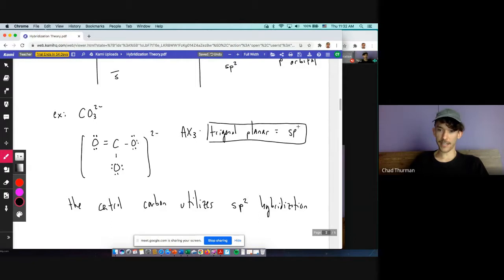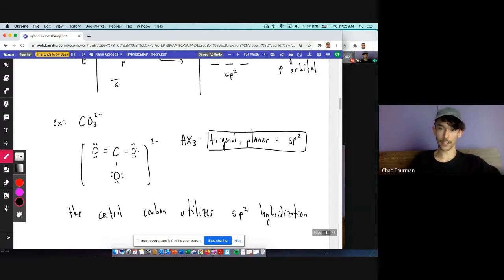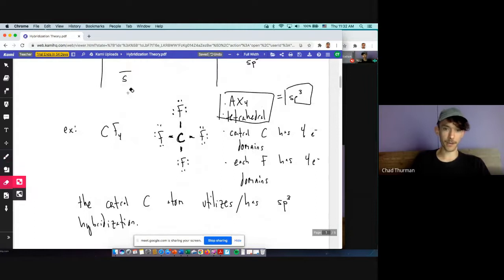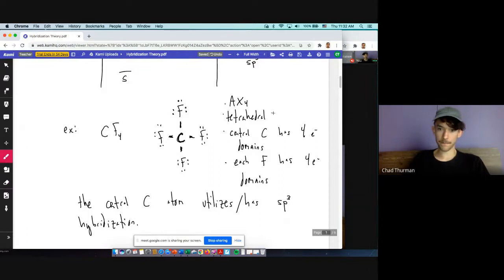And I'm realizing that I wrote something earlier that's going to throw you off, so I apologize. This needs to be modified up here. Sorry. I don't want to confuse anybody. This name right here, it is the name of this shape, right? It is tetrahedral.